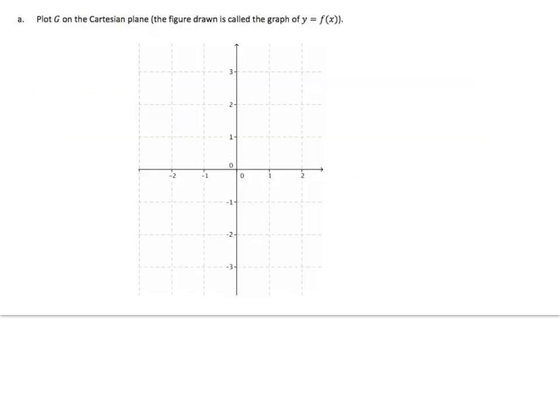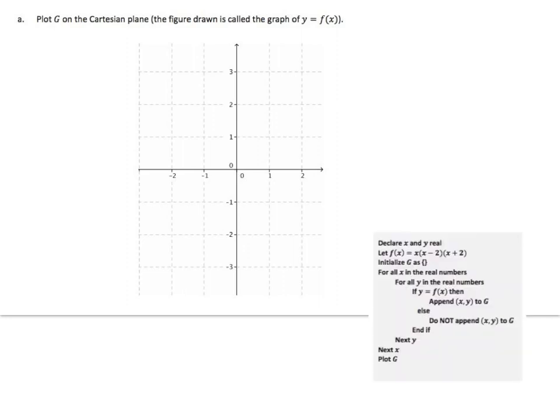All right, let me grab that computer program. This is what we tested with the last exploratory question, and what we got, right? And like I said earlier, this is a cubic function.